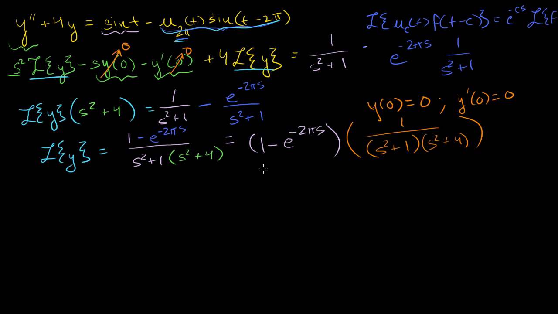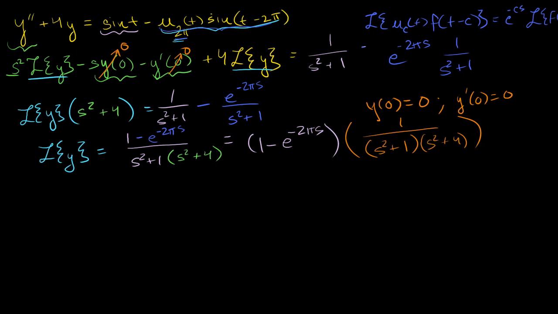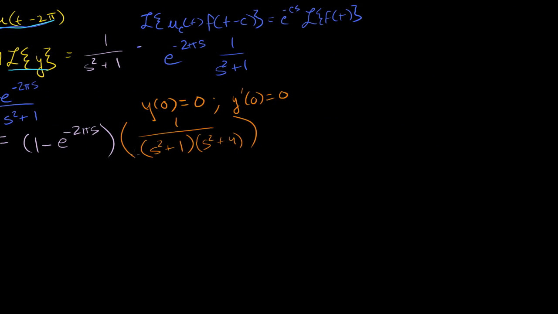So we're going to do this on the side. Maybe I should do this over on the right here. This thing, let me rewrite it, 1 over s squared plus 1 times s squared plus 4, should be able to be rewritten as two separate fractions, s squared plus 1 and s squared plus 4, with numerators: this one would be as plus b, it's going to have degree 1 because the denominator is degree 2 here, and then we'd have cs plus d.